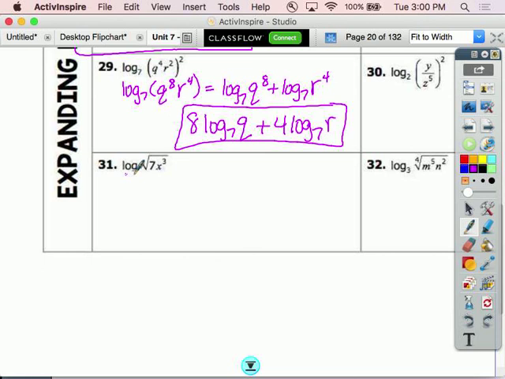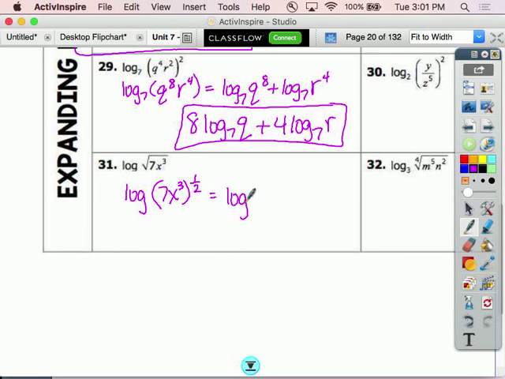But we are expanding this. So we have log of 7x to the 3rd, but that radical means we're what power? The 1/2 power. That's a square root. So that's the 1/2 power that we're raising 7x to the 3rd to. Then I raise both of these to that power.